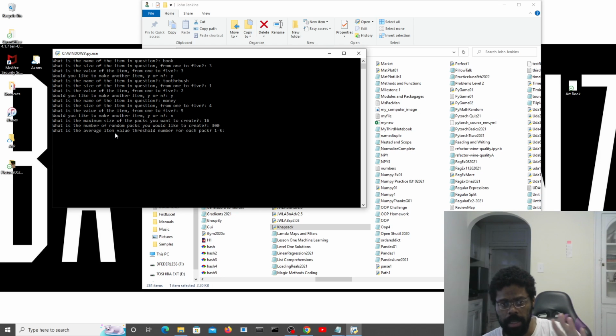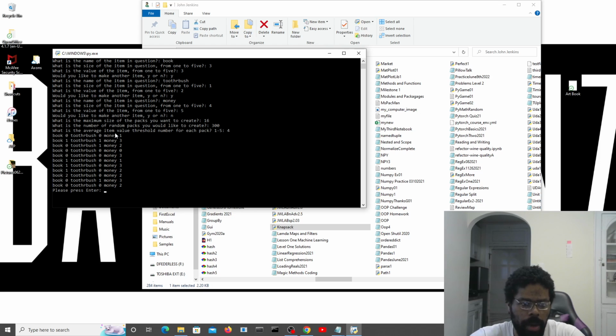So if you take that maximum and divide it by the number of items in the pack, it should average 1 to 5 for each item. So I'm going to put an average of 4, and here are my solutions.